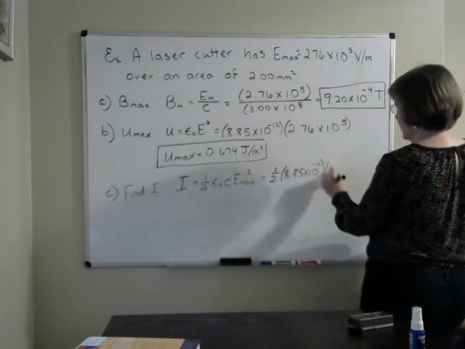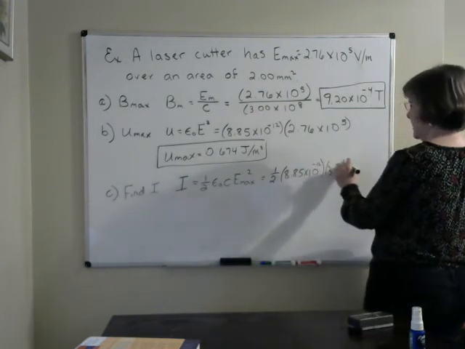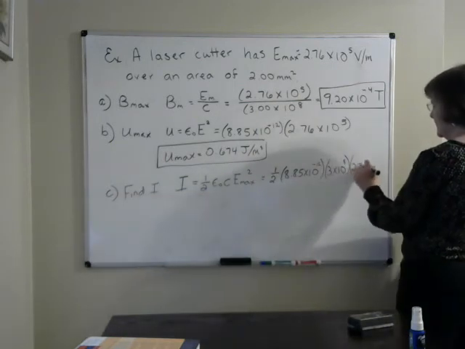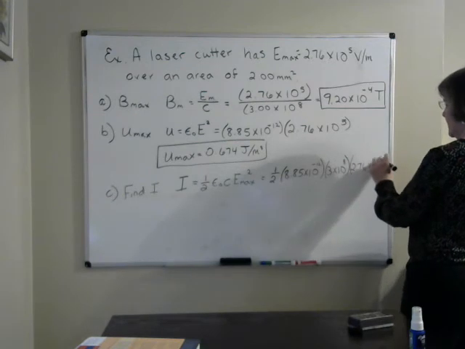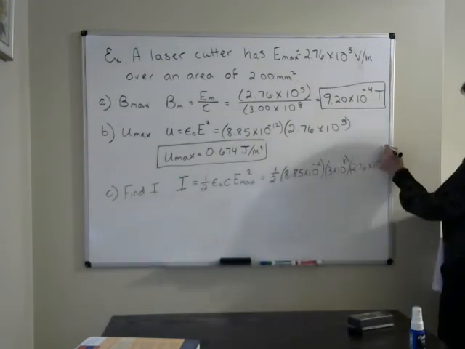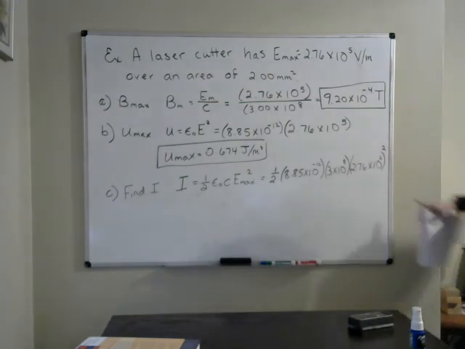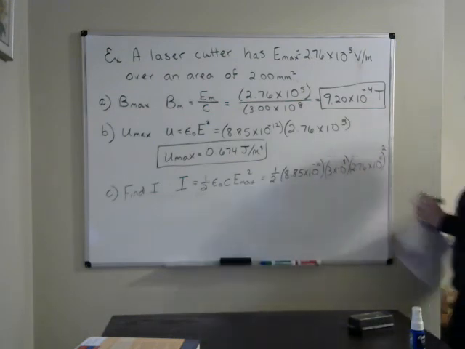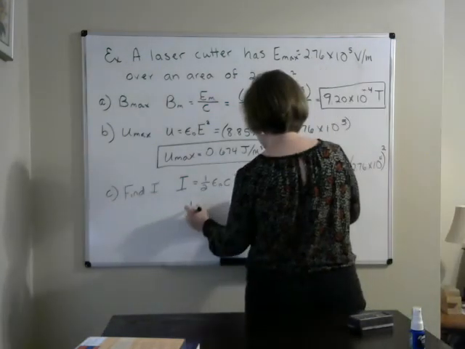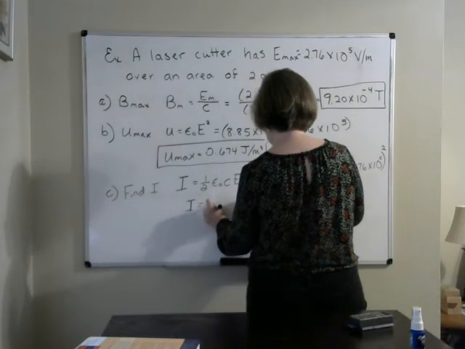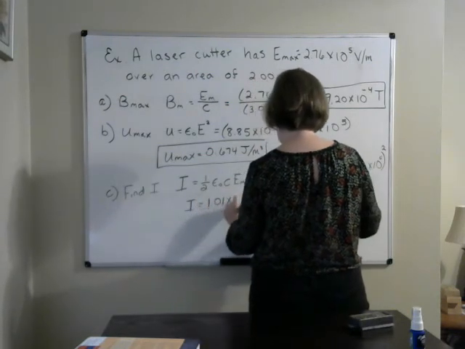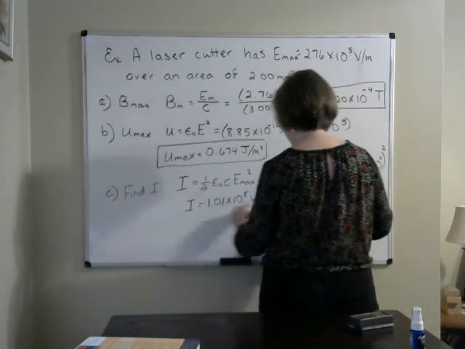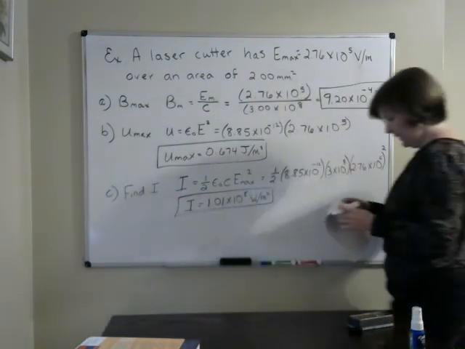Speed of light is 3 times 10 to the 8th. E is given as 2.76 times 10 to the 5th. And it's E squared, so we do need to square it. I know you can't see me, but you can see the picture. That's just punching in a bunch of numbers. And I get that the intensity is 1.01 times 10 to the 8th watts per meter squared. There's our unit.